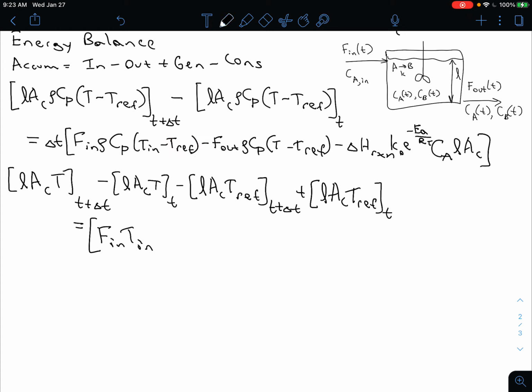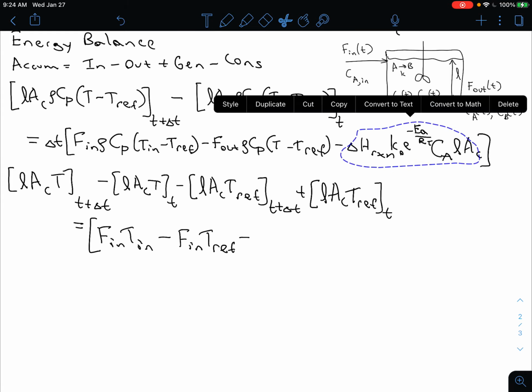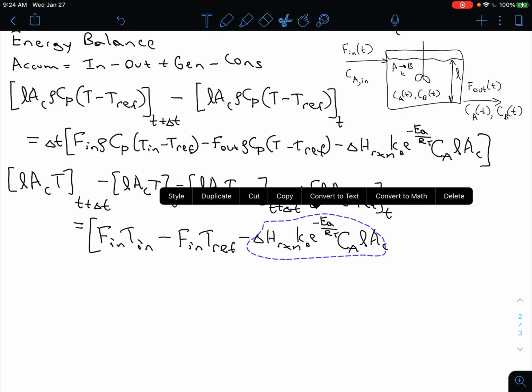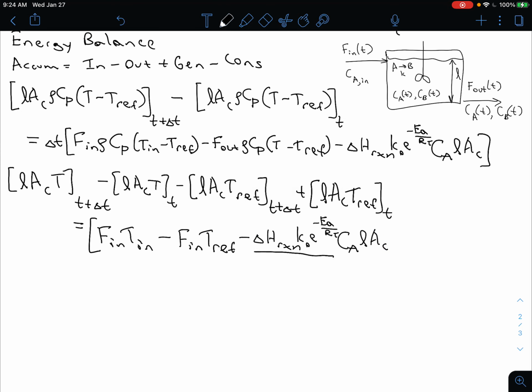So this is going to be F in T in, minus F in T ref, minus this delta H term. I'm going to divide through by rho Cp.